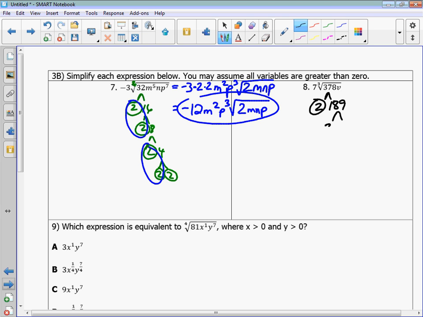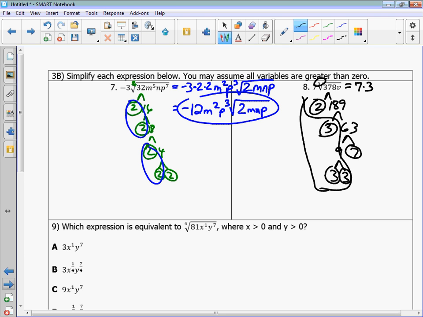And now I can get the numbers without the calculator: 9, 7, 3, and 3. And it's a cube root, so I need groups of 3. So I see 3 threes right here. 7 is from the beginning, so 7 times a group of 3, which happens to be 3. And there's a 7 left over, so it stays underneath the cube root. And then b, there's only one b, so I can't make up a group of that. So the answer is 21 cube root 7b.